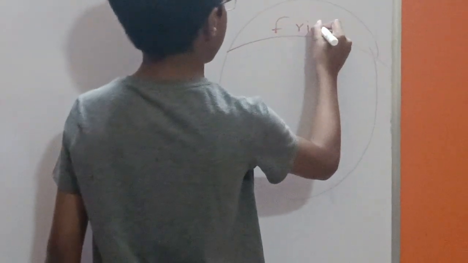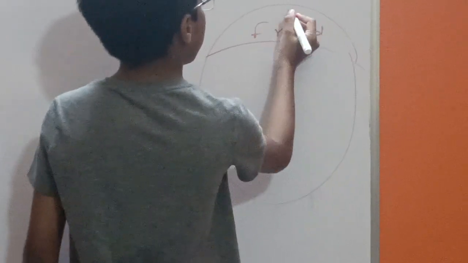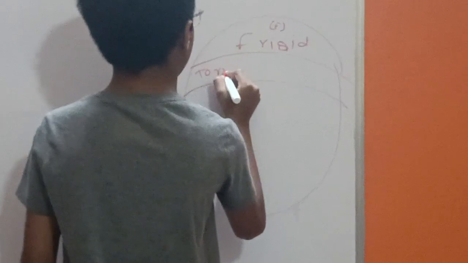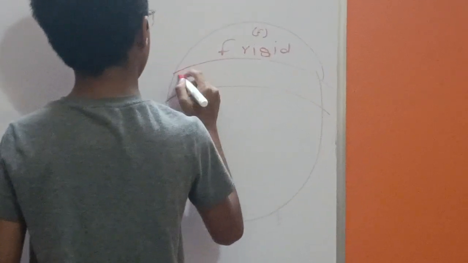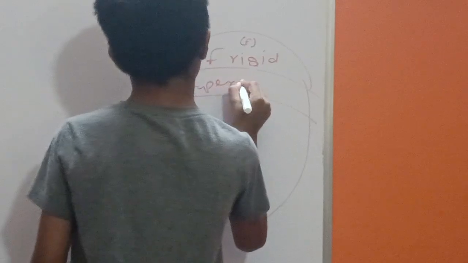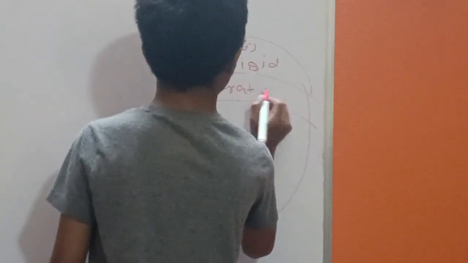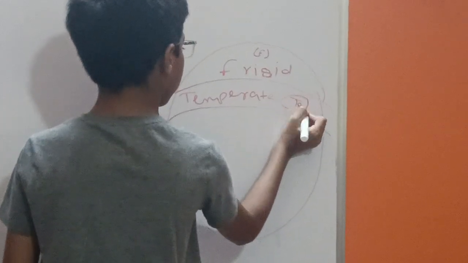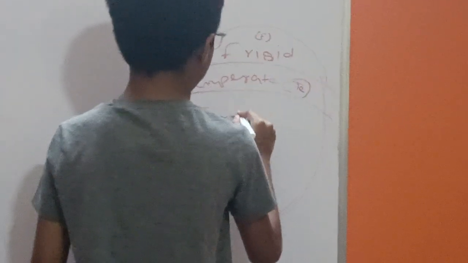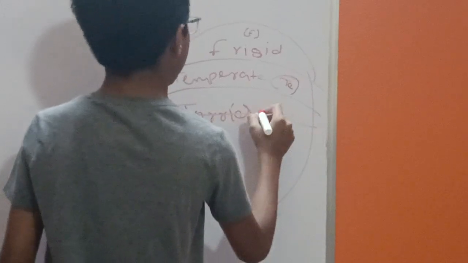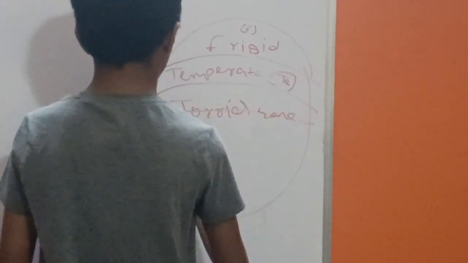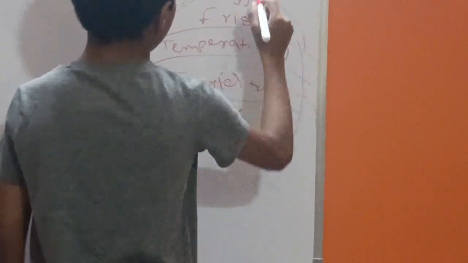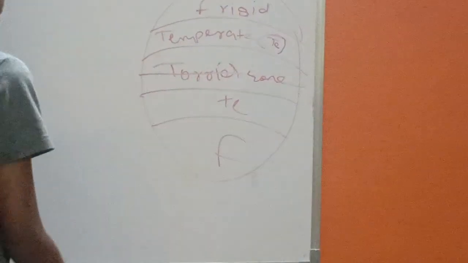Frigid zone, temperate zone, torrid zone at the equator, and then again temperate zone and frigid zone.